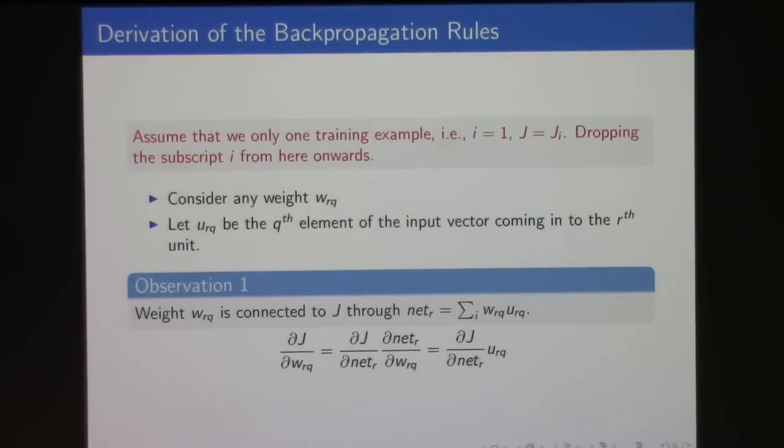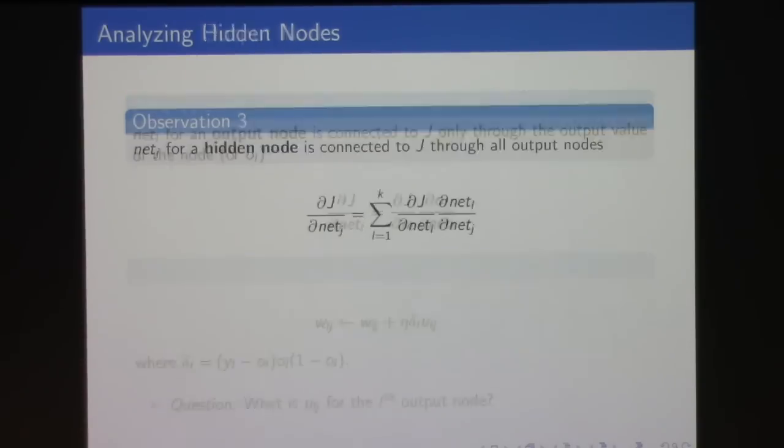So now we have to figure out what is the partial derivative of J with respect to the net j that is going out. So the observation is that the net j for a hidden node is connected to the eventual loss through all the output nodes, right?